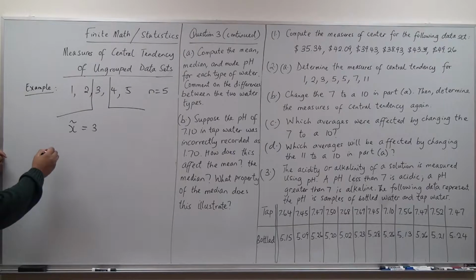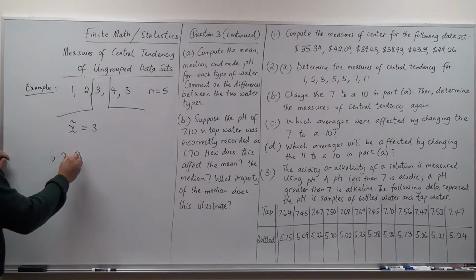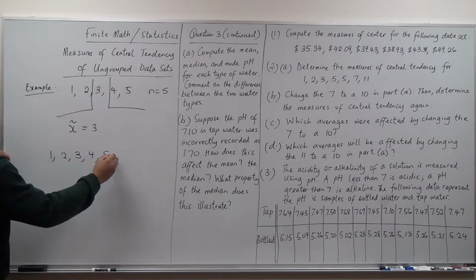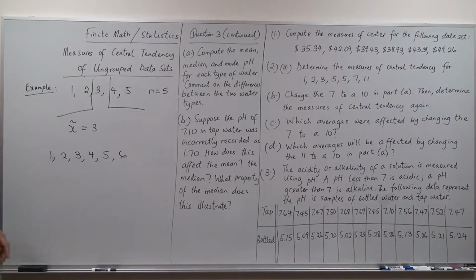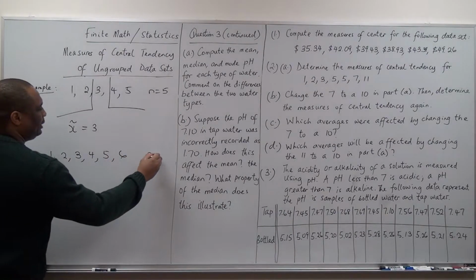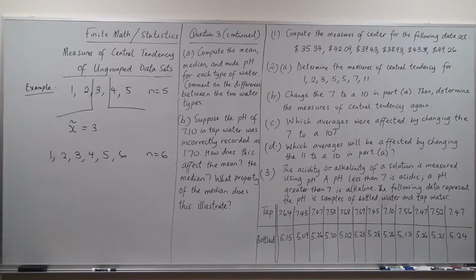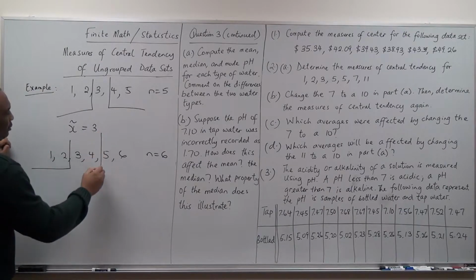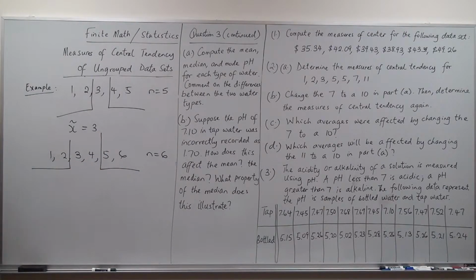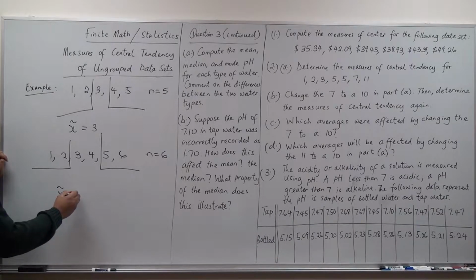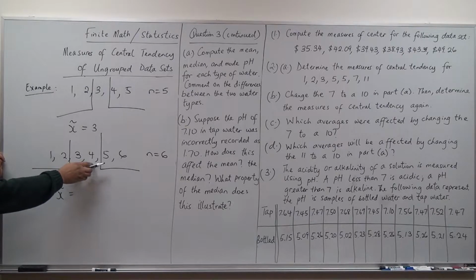Now, but what if you have 1, 2, 3, 4, 5, 6? In this case, the number is 6. So here we take 2 off from the left, take 2 from the right, and we end up with 2 values in the middle. So here, our median, x meander, will be the mean of those 2 remaining values in the middle.